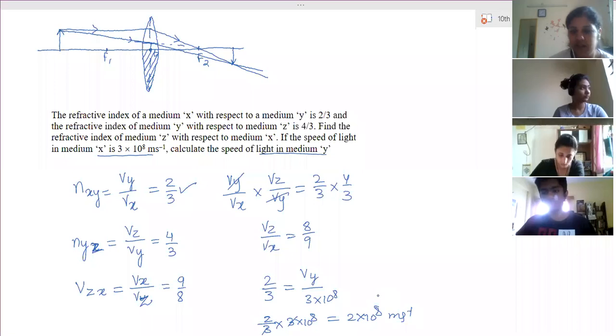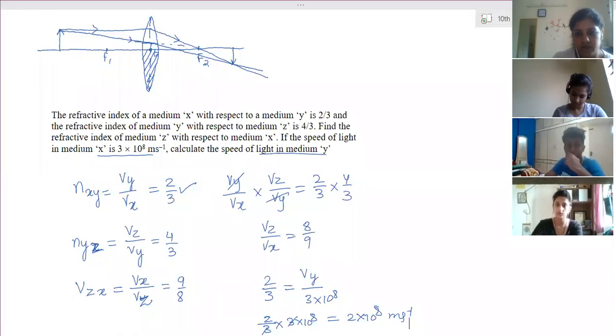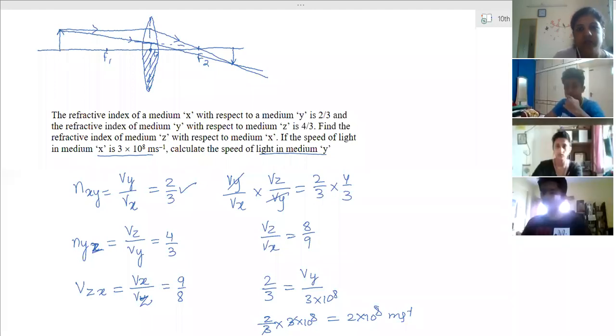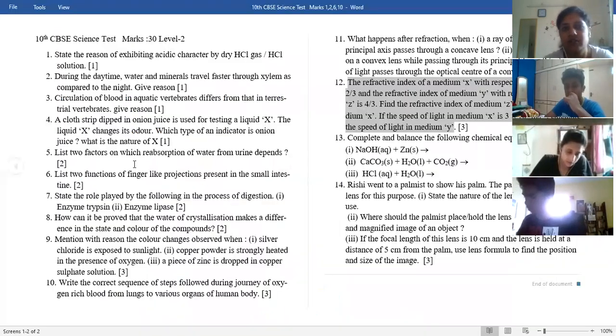But they have asked in this paper, this year also, the 2020 paper. My eighth question of this paper, the order of crystallization. Yeah, one second, I will show you everything. We'll discuss all the questions.